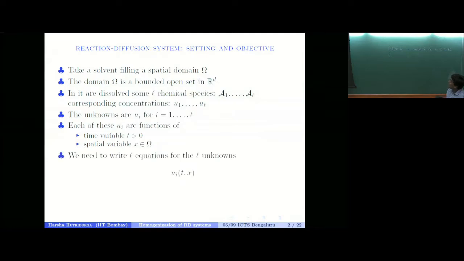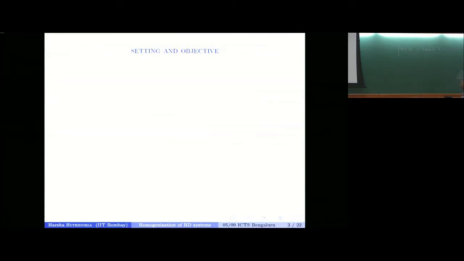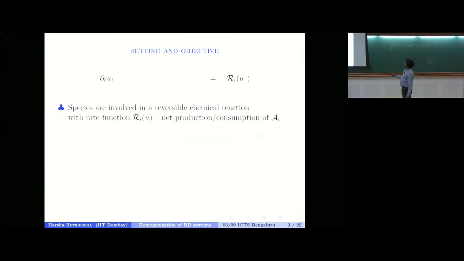So we need to write L equations because you have L unknowns for these concentrations UIs, okay? The underlying modeling is that these chemical species, AIs, are involved in some chemical reactions, and at the same time they are diffusing in your spatial region, okay? So first thing, the time derivative of your ith concentration is equal to some rate function, okay?